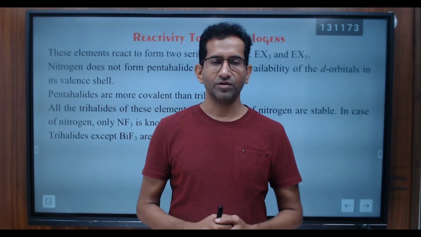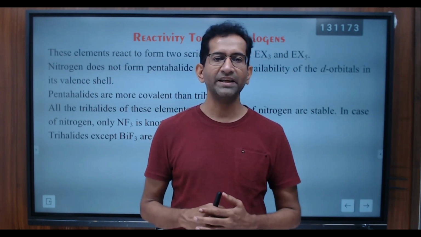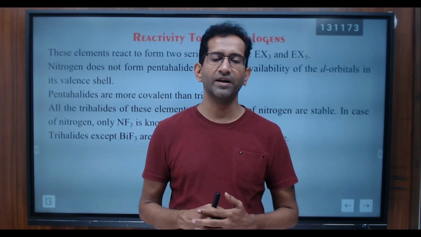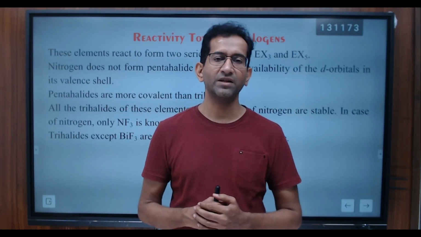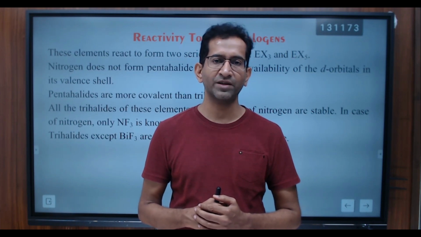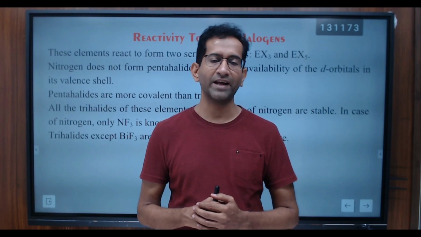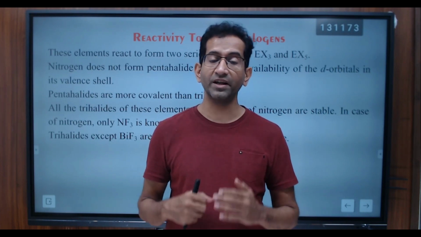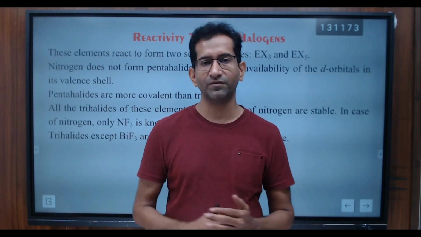Reactivity towards halogens. All these elements can react with halogens and form EX3 and EX5 type of halides, except for nitrogen. Nitrogen has principal quantum number 2 in its valence shell, so it cannot have d orbitals, so it cannot expand its valence shell. It can form NX3 type of halide, but it cannot form NX5 type halide.